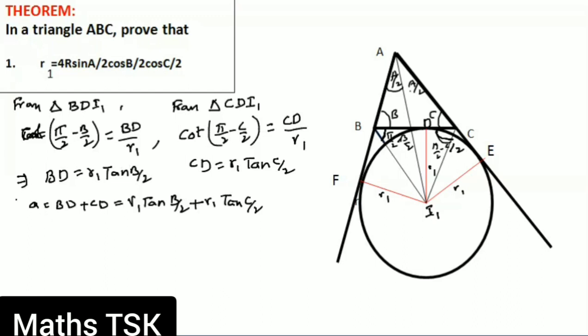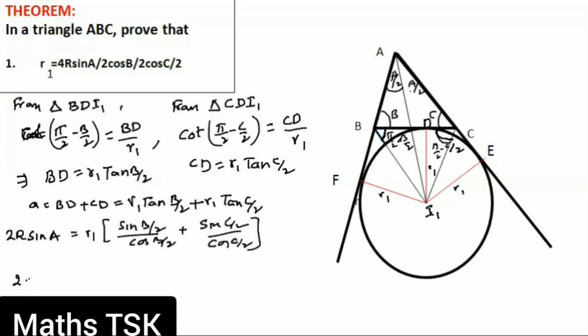In objective, it's a formula. So A can be written as 2R sin A is equal to R1 into tan B by 2, which is sin B by 2 by cos B by 2, plus sin C by 2 by cos C by 2.